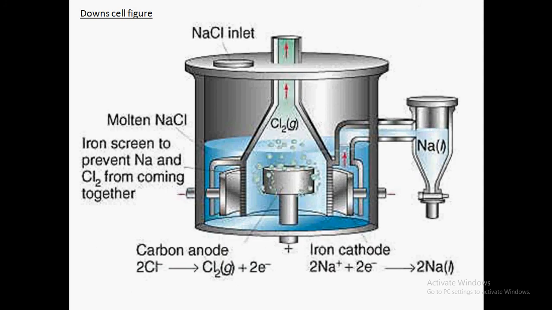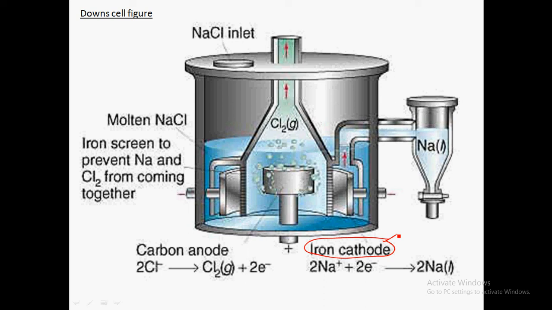Now let's see the picture of the Downs cell apparatus. Here we can see, as I said, iron is acting as cathode. The covering layer is acting as a cathode.